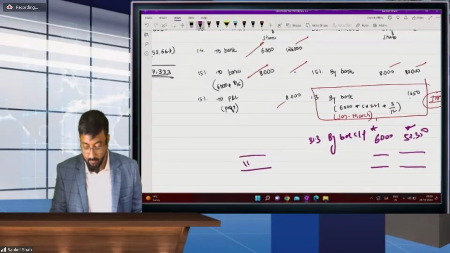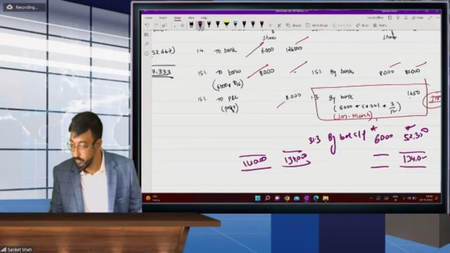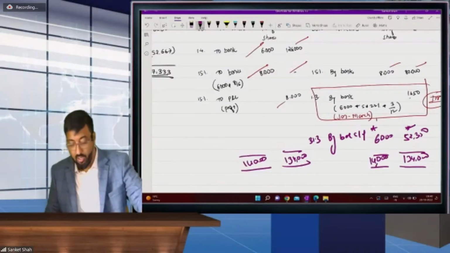Totals you can take 14,000, 1,34,000, and you can write one note.